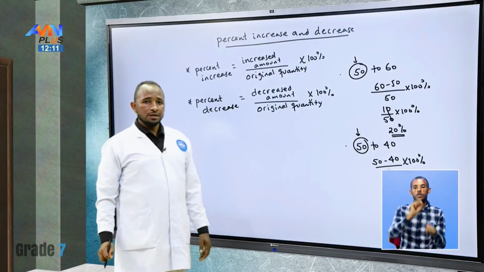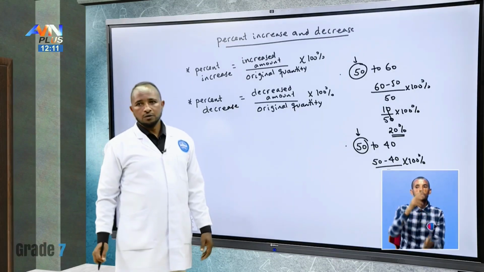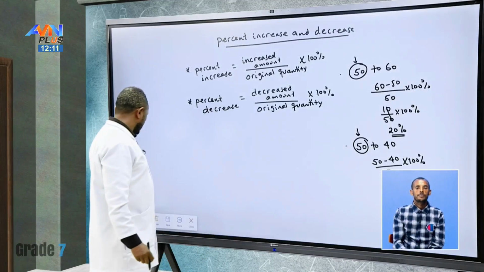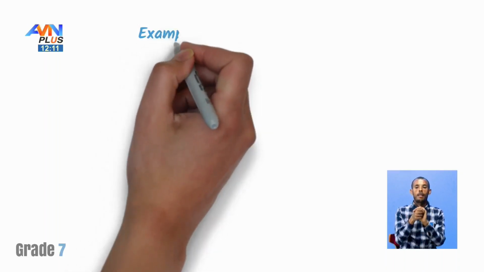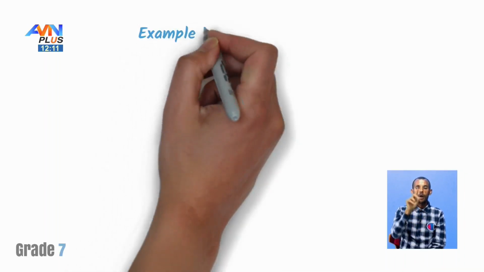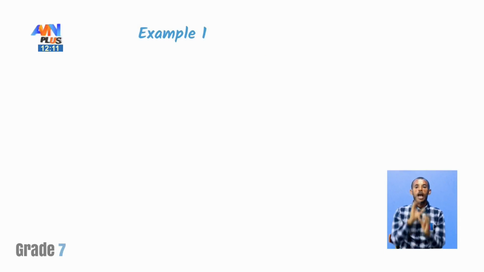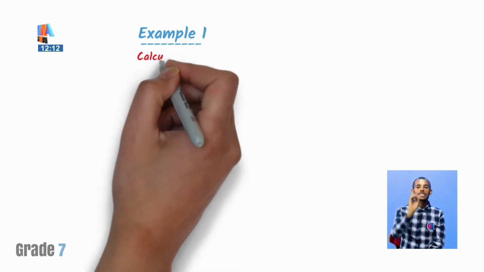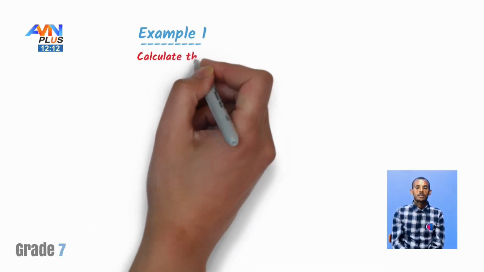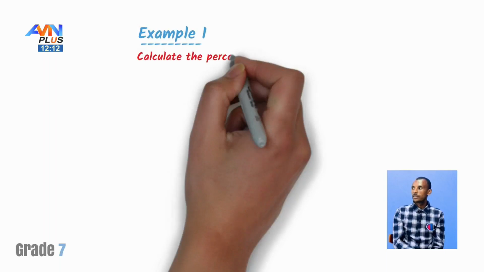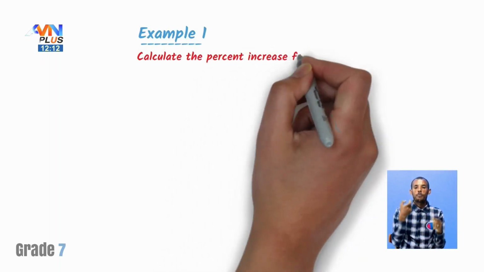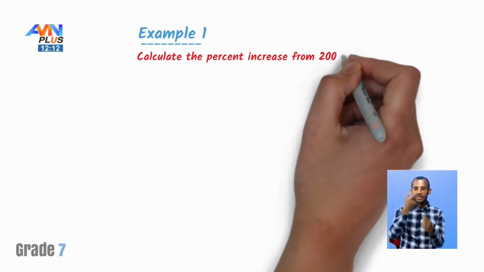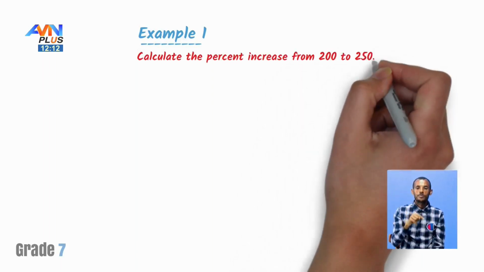So let's see examples for these two equations. Example 1: Calculate the percent increase from 200 to 250.